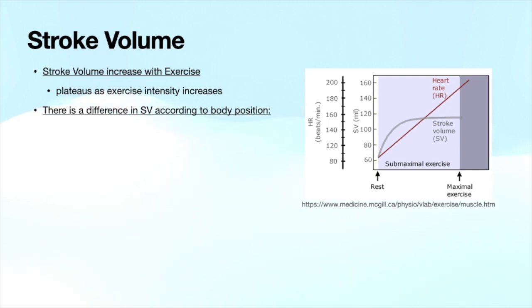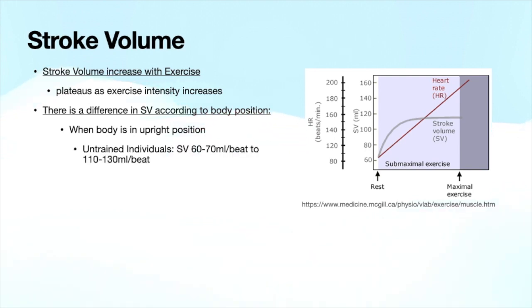Now, there is a difference in stroke volume according to body position. When your body is upright, or when you're standing up, for untrained individuals, stroke volume is around 60 to 70 milliliters per beat. And then as we exercise, it could increase to 100 to 110 milliliters per beat.